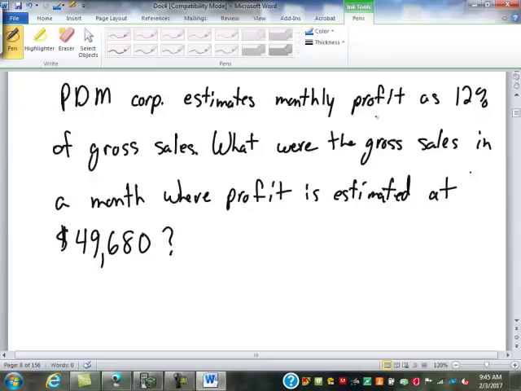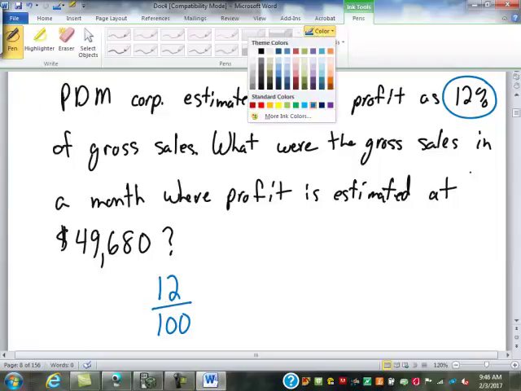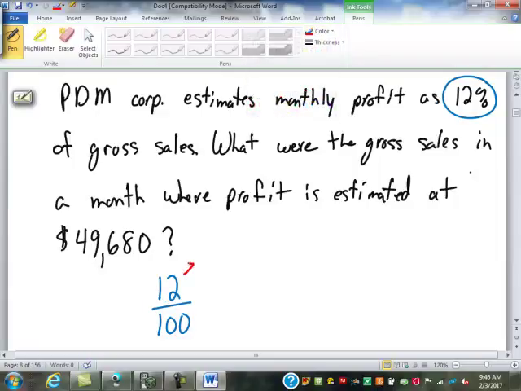Well, we have a percent here, 12%. So 12% is 12 out of 100. Now with word problems, I like to label stuff. That 12 out of that percent represents a piece that we're looking at. The 100 represents a whole amount, something we're basing it off of. So the 12 represents what here? Profit.